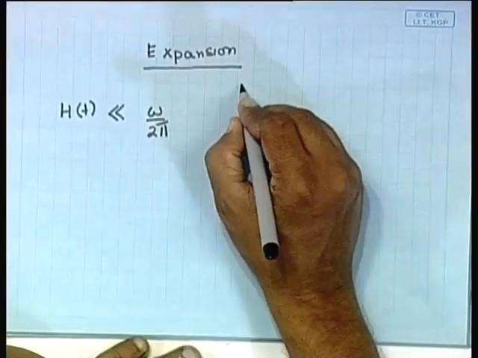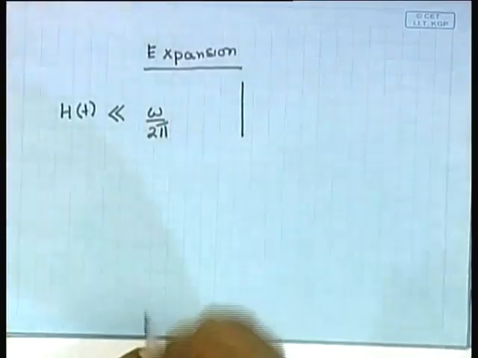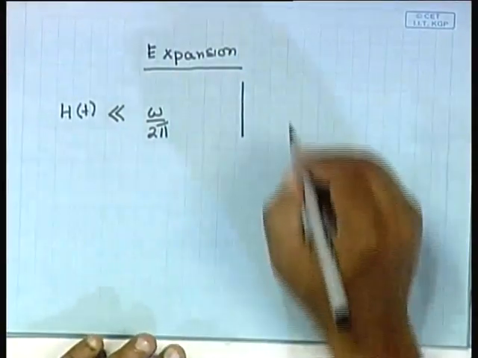reasonable, because the radiation we are dealing with oscillates. Let us just make an estimate. What is the value of the frequency for the radiation that we are considering? Let us take 1 millimeter.